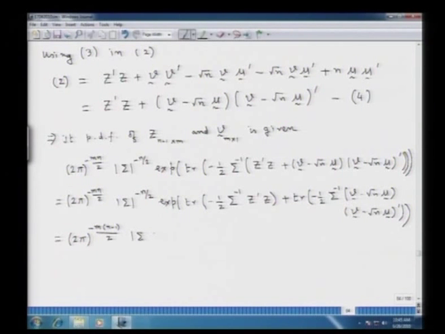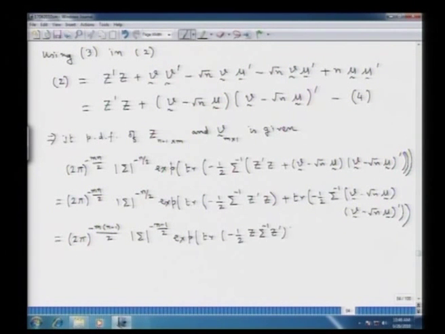Similarly, we will write determinant of sigma to the power n minus 1 by 2. Then we will have exponent trace of minus half z sigma inverse z transpose. There is no problem in writing it because trace of AB equals trace of BA. So we can take this z in the front.